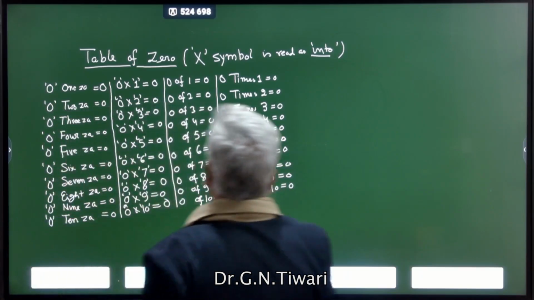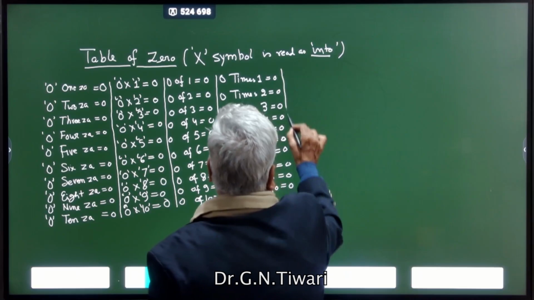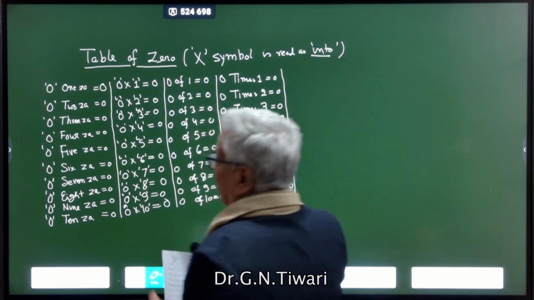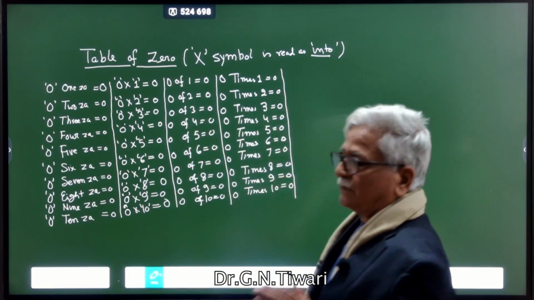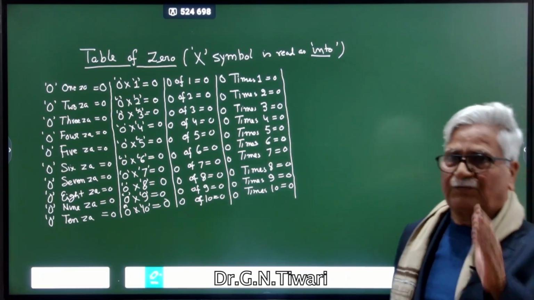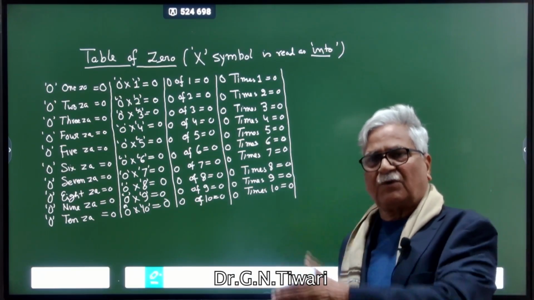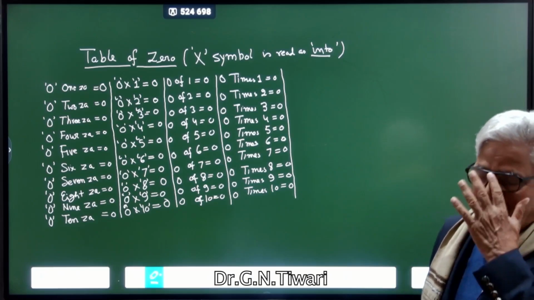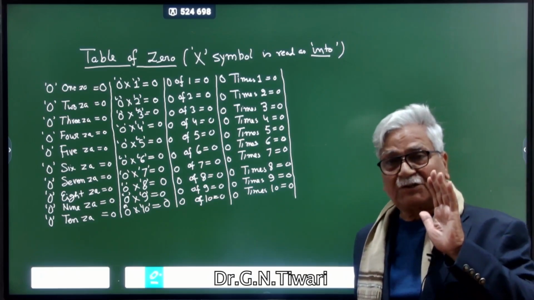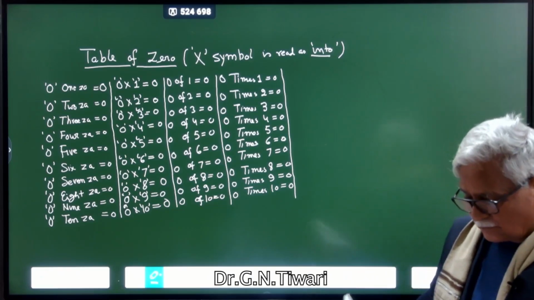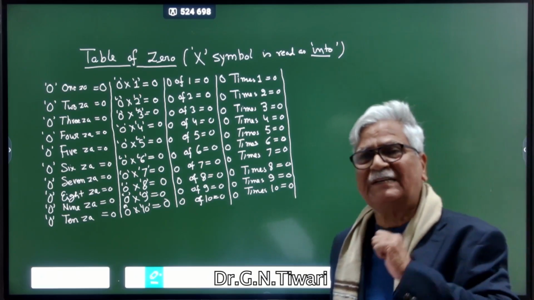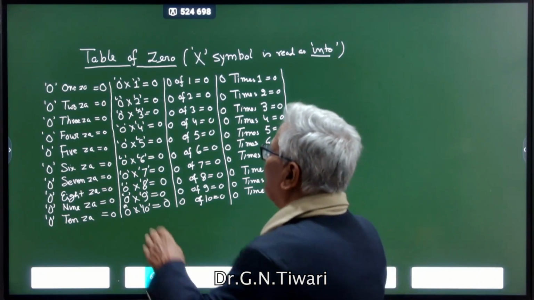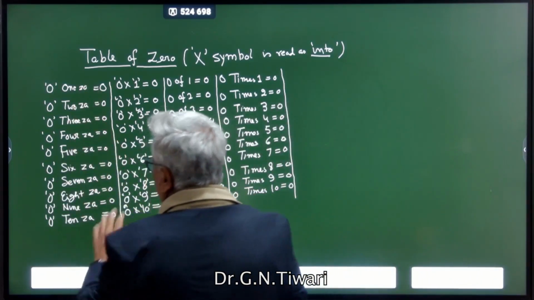So here are the 4 types for every table. The table for 0, and for 1, 2, 3, 4, 5, at least up to class 1, should be taught to the students. Now, the question is about the use of ja.